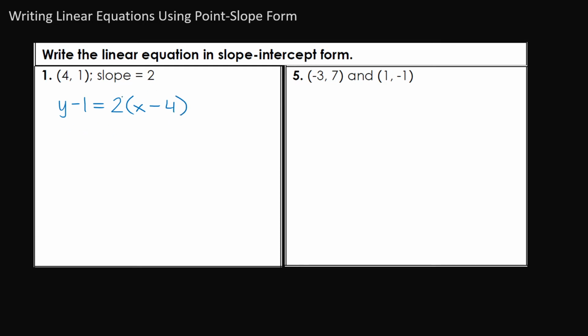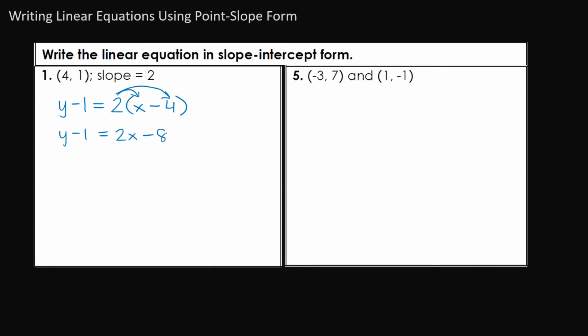And so what we need to do to write this in slope-intercept form is solve for y. So we need to distribute on the right side of the equation. Distribute the 2, and we get y minus 1 is equal to 2x minus 8.